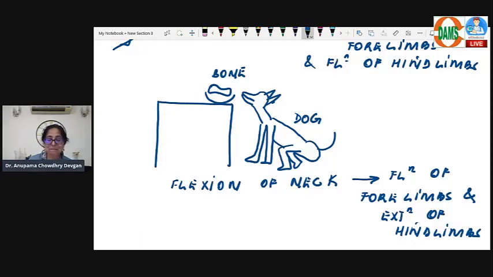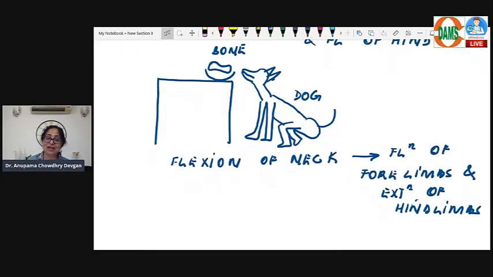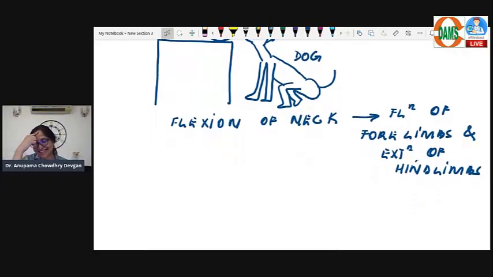So this is flexion of the neck, flexion of the forelimbs, and extension of the hind limbs. This is tonic neck reflexes.